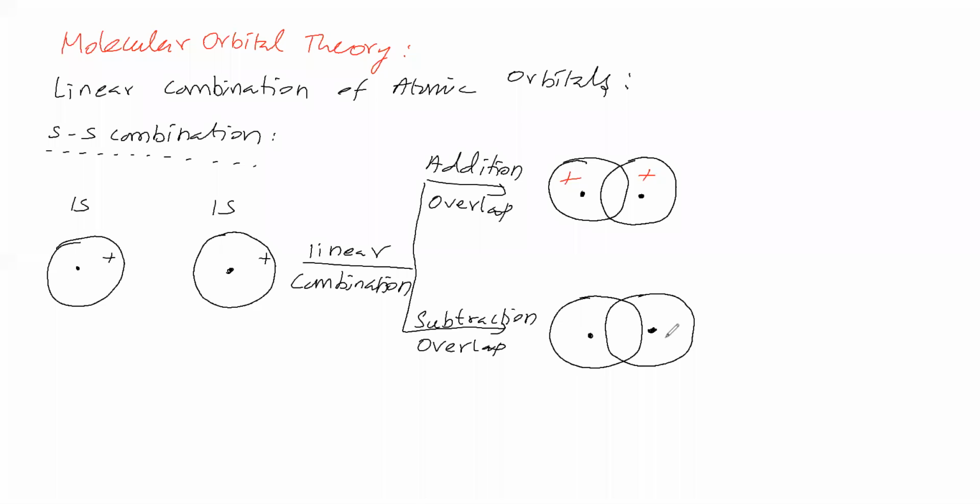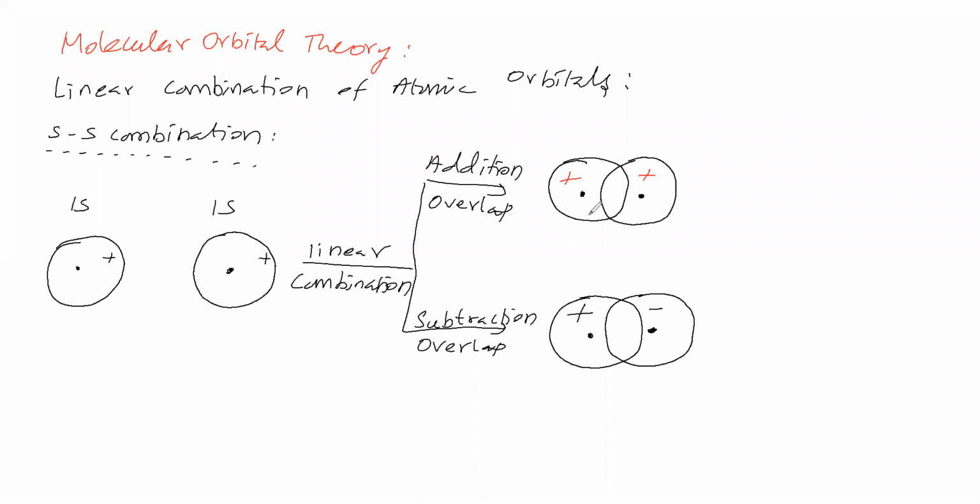For one orbital the sign of psi is positive, but because of subtraction, the plus becomes minus. Subtraction means one orbital has one sign and the other has the opposite sign. So the two orbitals should have opposite signs.